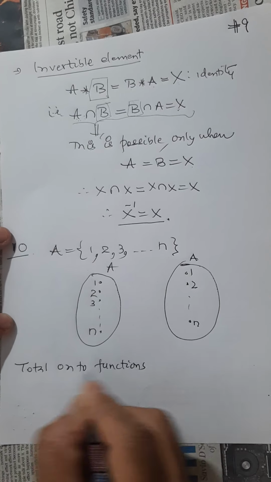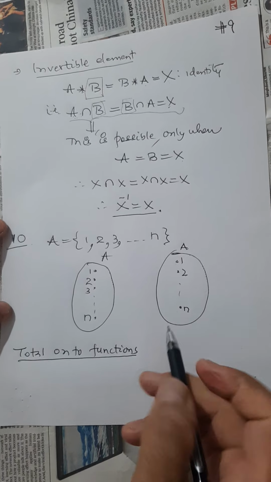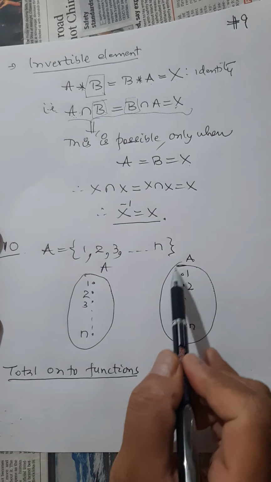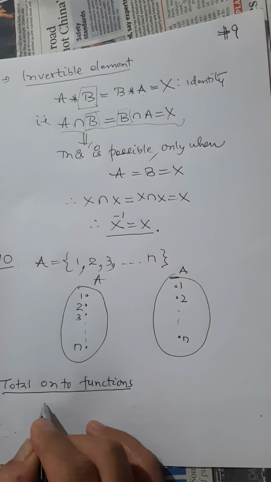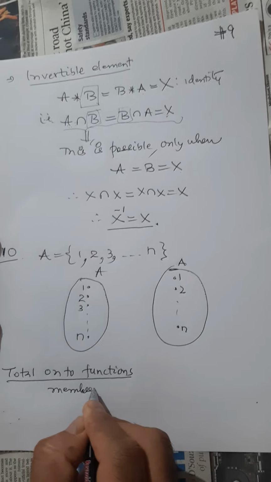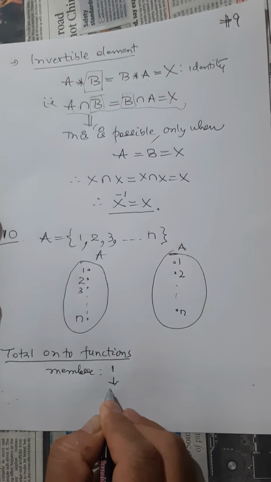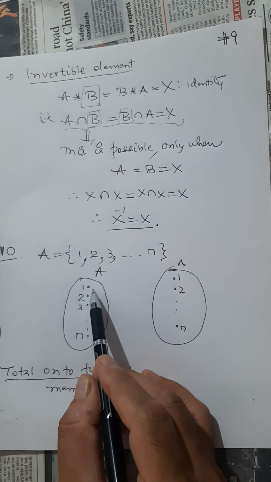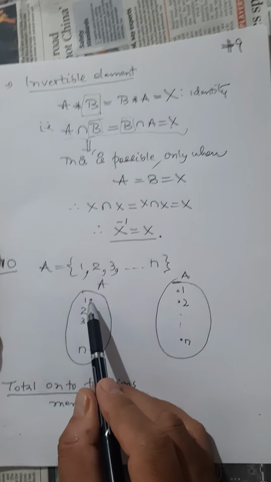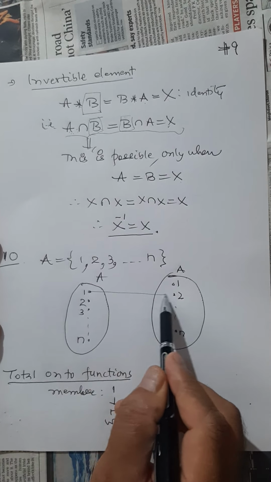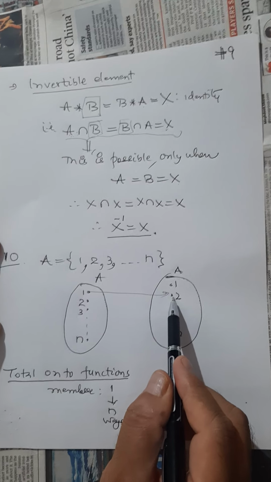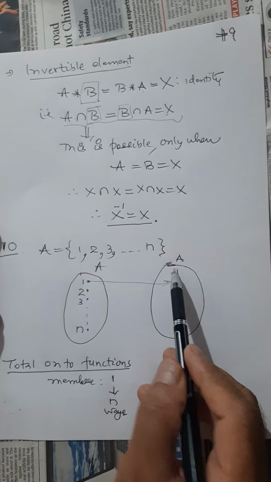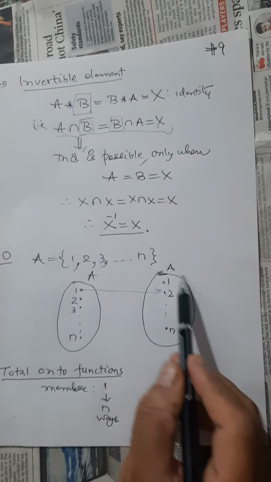This is indirectly a question of permutation. Now one member can be associated with any one of these. So member 1 can be associated in n ways. For the element 2, now you want an onto function. So if I take 1 with, for example, 2, then I cannot take 2 with this. If I do that, you would have one extra member here. So in that case, it's not onto. Onto means every member should be covered.